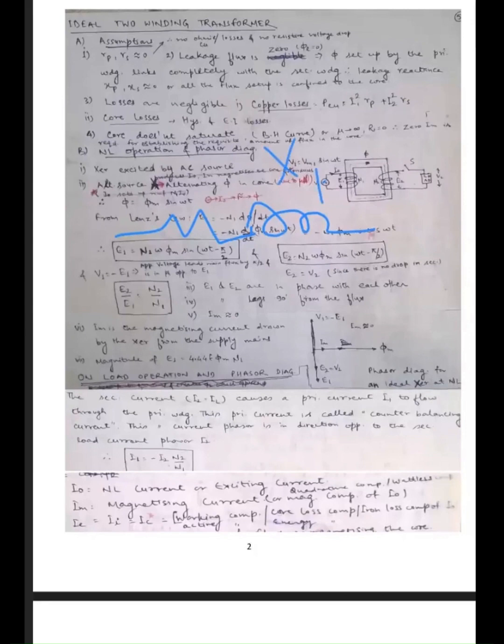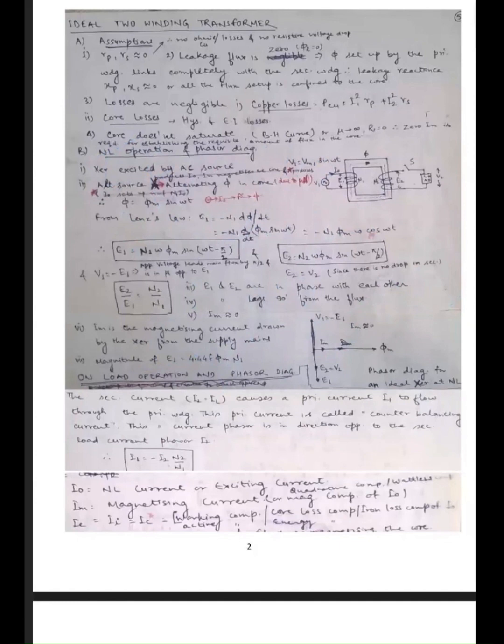When the primary current Ip is flowing, the loss will be Ip squared Rp due to resistance and Xp due to reactance. So ideally it should be 0. It means that there should not be any drop due to the presence of the leakage reactance.